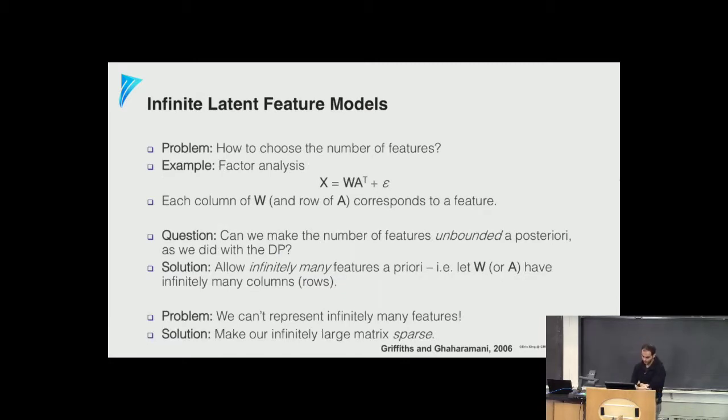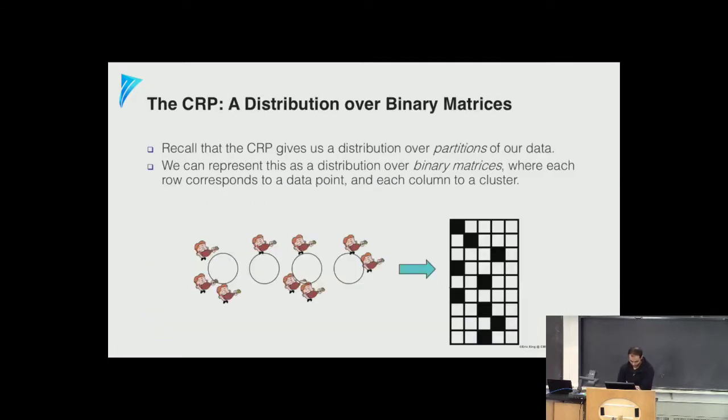And this construction, or this assumption, was introduced in this paper by Griffiths and Ghahramani that introduced this Indian buffet process that I'll describe in just a second. So first of all, let's recall that we had this Chinese restaurant process, which defines a distribution over partitions of the data, but you can also represent it as a binary matrix, right?